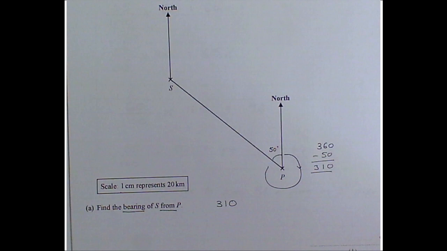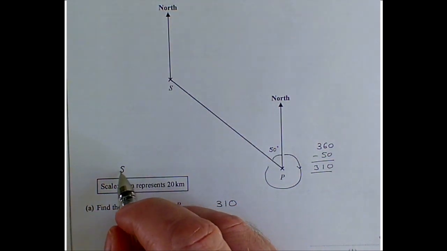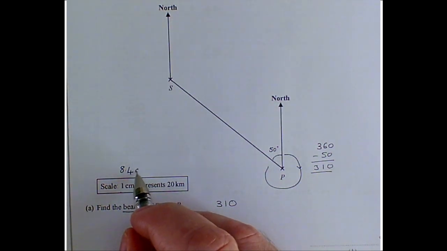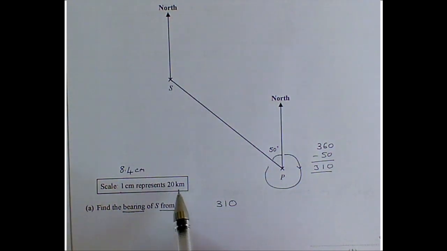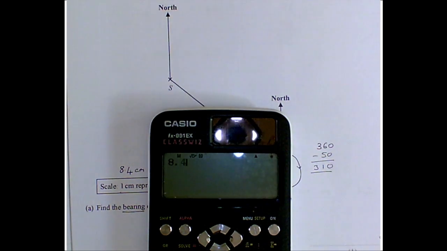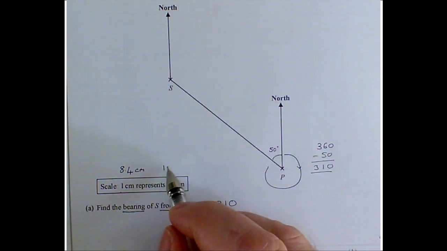It could have been 8.3, I suppose. Right, so 8.4 centimetres, so I need to times that by 20, don't I, to get the distance between the ship and the port. So 8.4 times by 20 is 168, so it's 168 kilometres away.